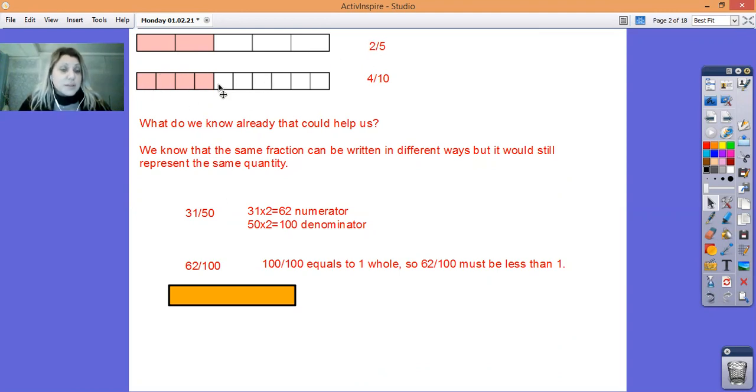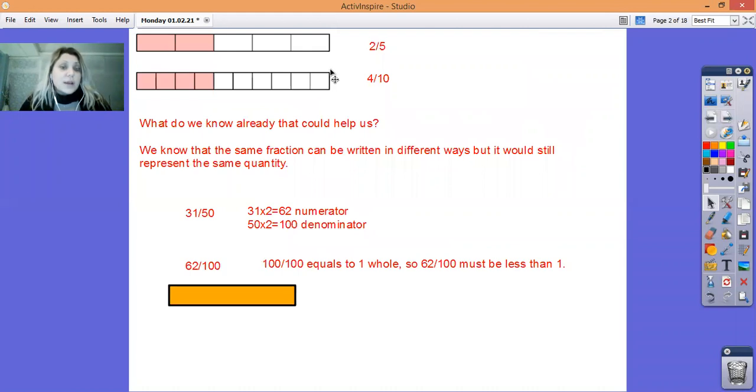We have the same fraction here, but it's written in a different way. Instead of having just 5 parts in our denominator, we have 10. So 1, 2, 3, 4, 5, 6, 7, 8, 9, 10. And then we have shaded 4 of them. But as you can see, it's the same quantity here and there.